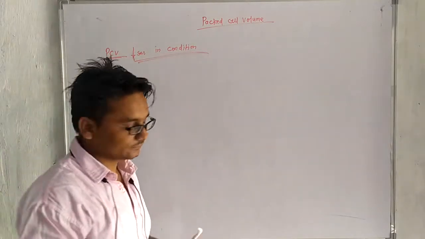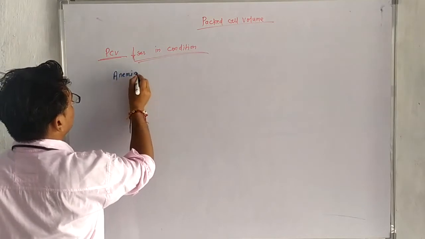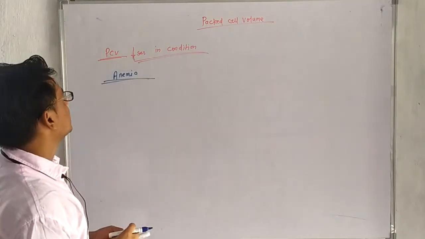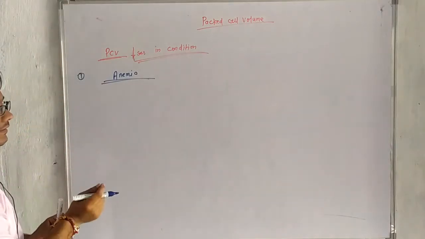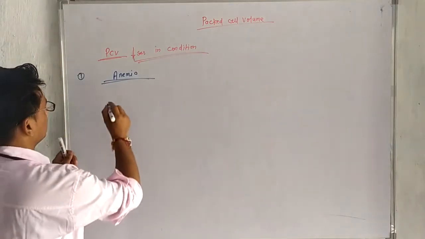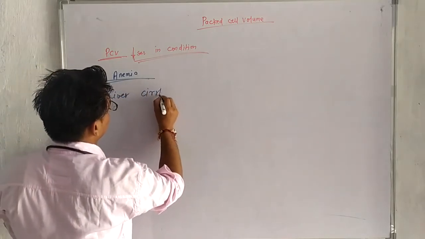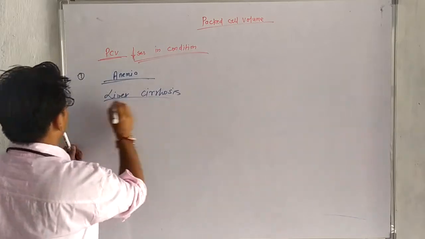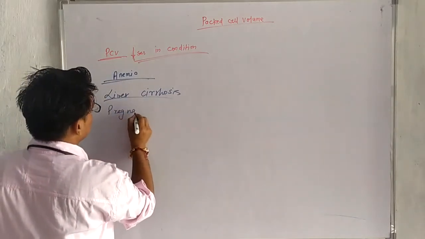First, anemia. In anemia, PCV values decrease. Second, liver cirrhosis. Third, pregnancy.